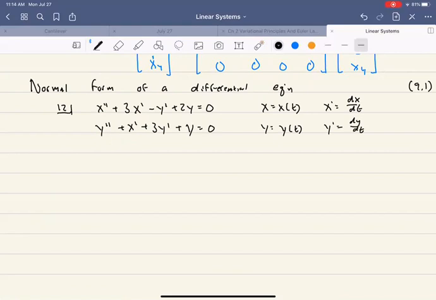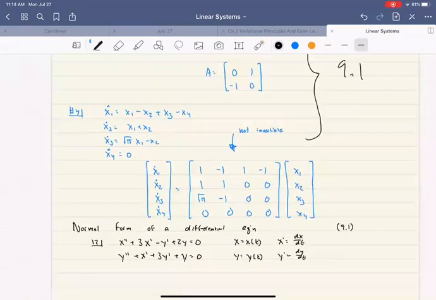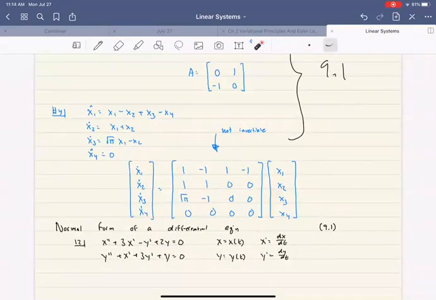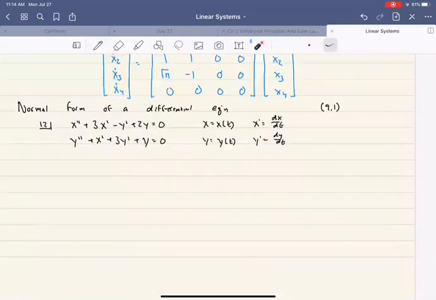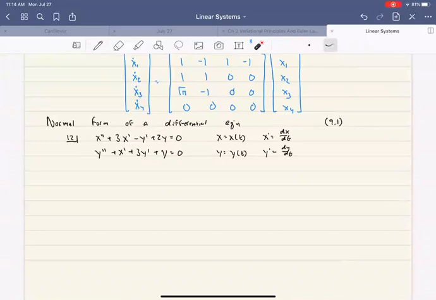Now we want to try to make it look like something like this, and we're going to do that in a very specific way. We're going to do a change of variables, but very special.